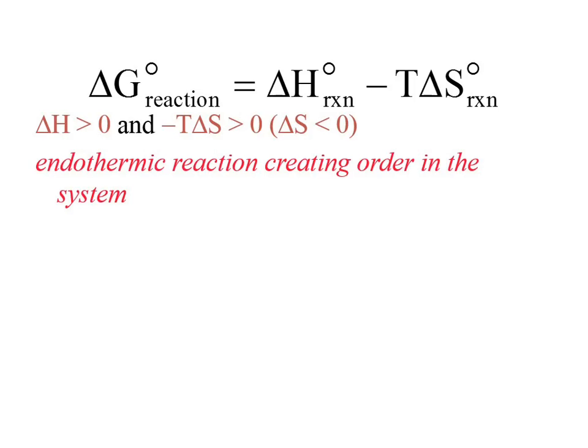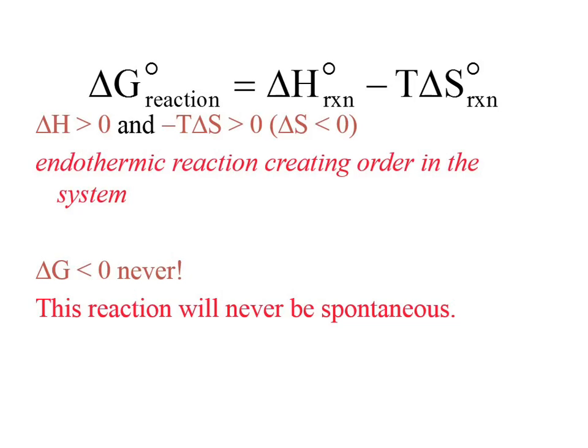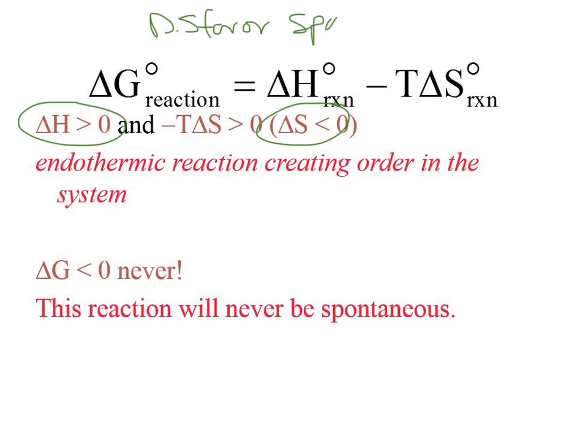So with that, there is no way you are ever going to get a negative delta G. So this will never be spontaneous, because this and this, they both disfavor spontaneity. Sad face.